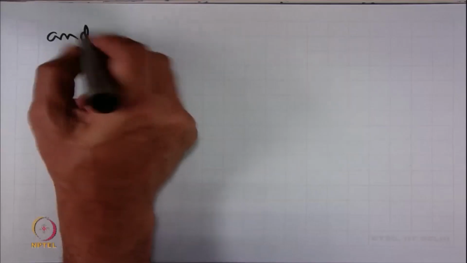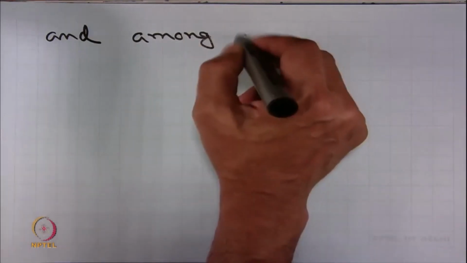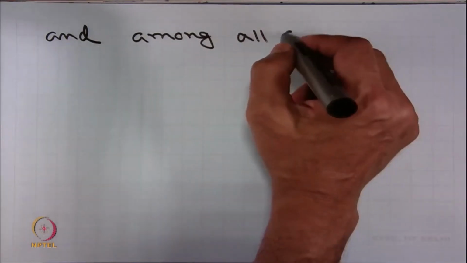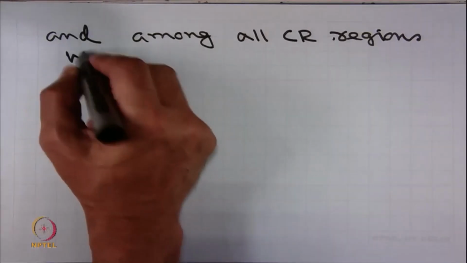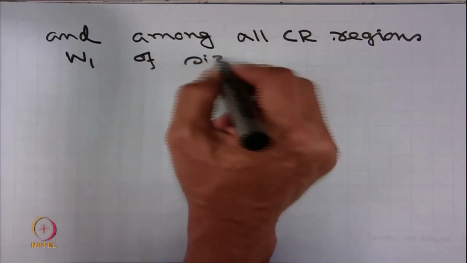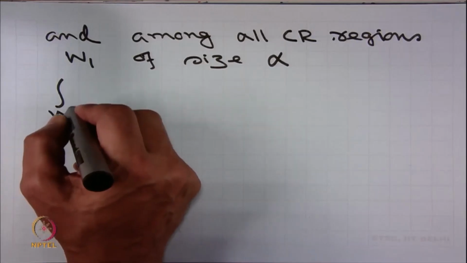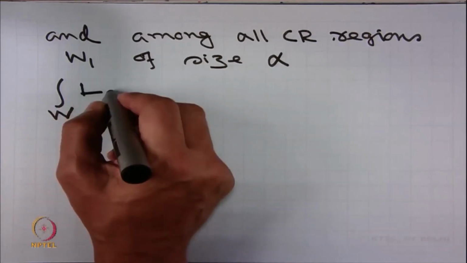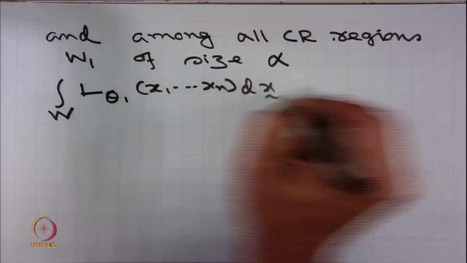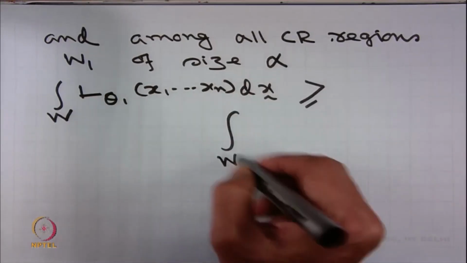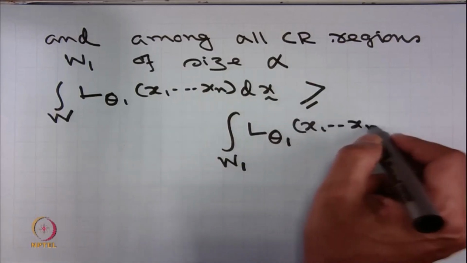And among all critical regions W1 of size alpha, the integration over W of L theta 1 of x1, x2, ..., xn dx is greater than or equal to the integration over W1 of L theta 1 of x1, x2, ..., xn dx.